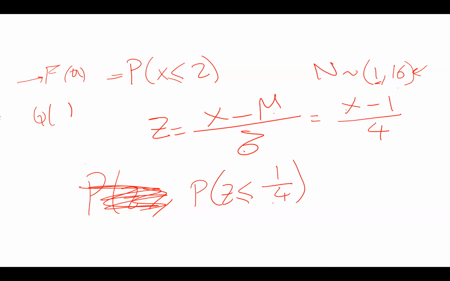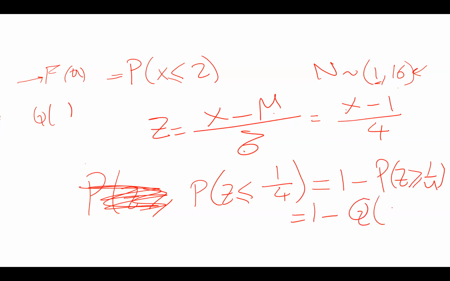But remember, this is not the Q function, because this is less than or equal to; the Q function is greater than or equal to. But it is not a problem, because this equals 1 minus the probability of z greater than or equal to 1 over 4, which will be 1 minus Q of 0.25. Then we can find from tables what Q of 0.25 is, or you can find it in MATLAB. Then 1 minus this, you will have the probability of this event.